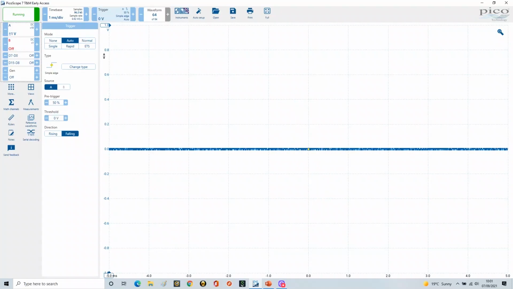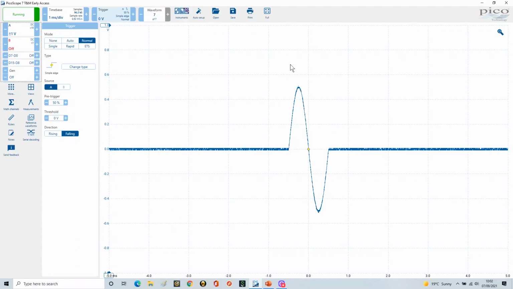And this is where normal comes in, because normal will only trigger on the actual signal event, i.e. it's looking for the characteristics that you've set up here, and it's only going to trigger when it sees those conditions. So let me now go to normal here, and now you will see that it's locked the signal, and this is going to update because my signal is being issued once every 2 seconds, and this will update every 2 seconds.